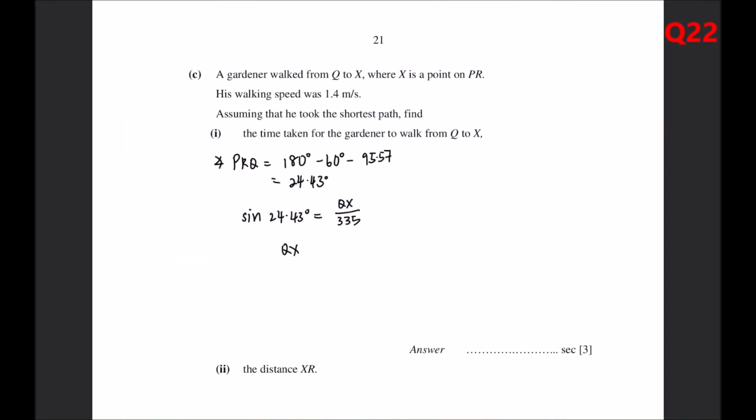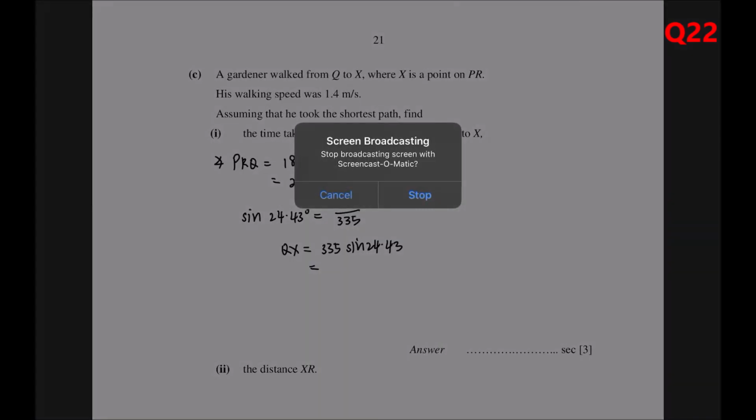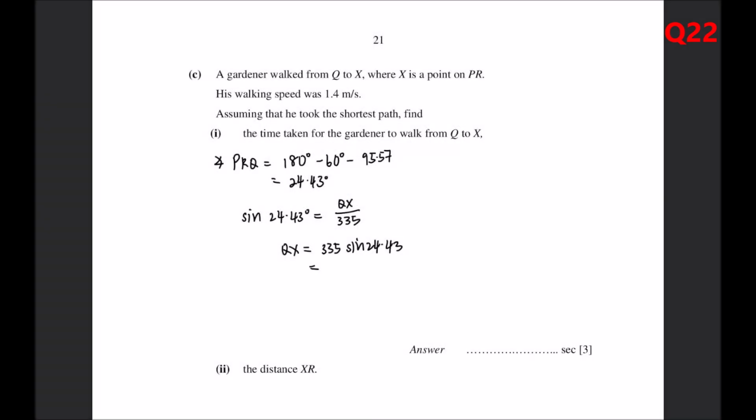So QX is 335 sine 24.43, and this will give you 138.54, so 139 meters.